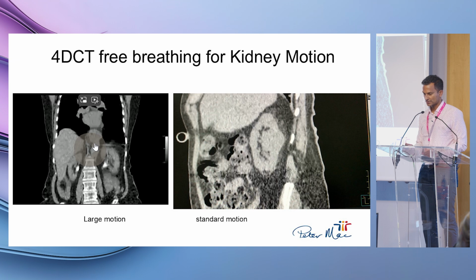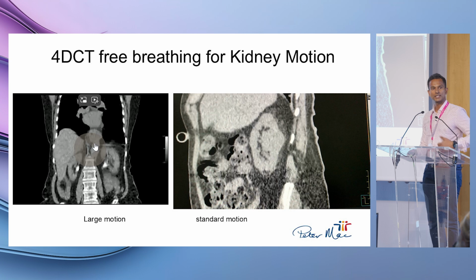But 4D CT is probably something that we would typically see in our normal practice when treating on a conventional linear accelerator. On the left-hand side, we can see a kidney there.